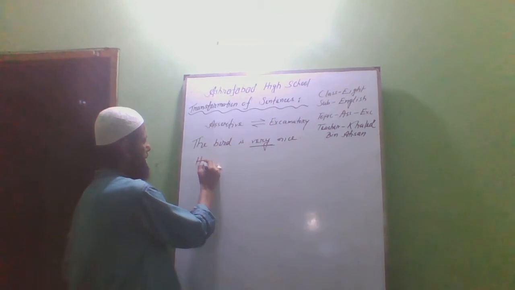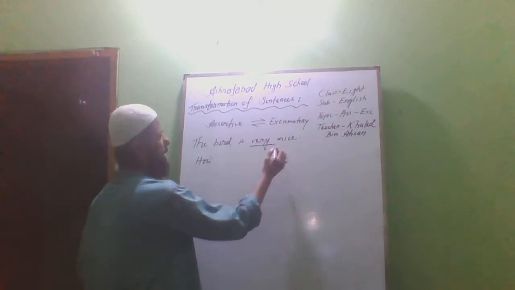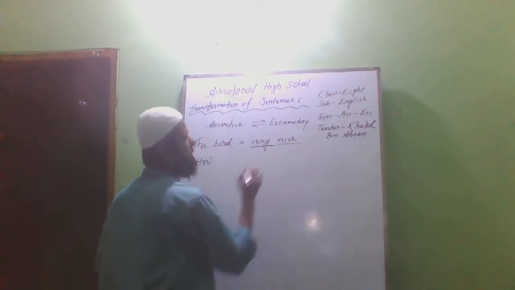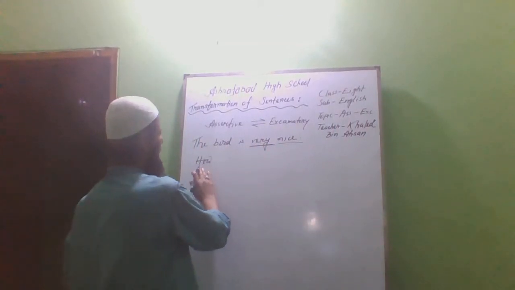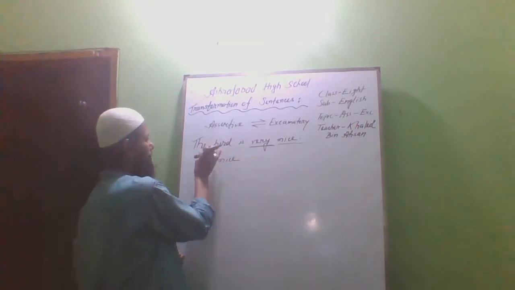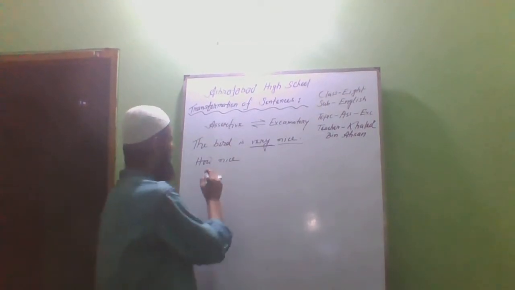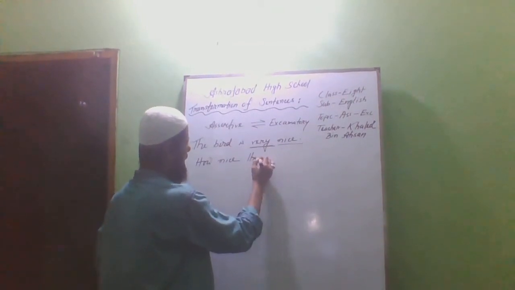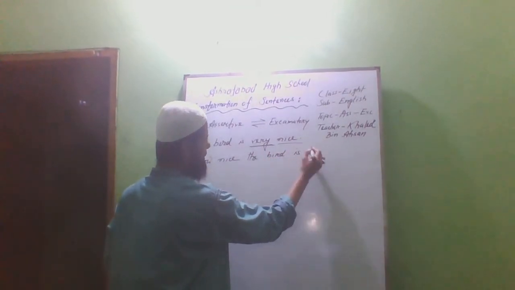At the very beginning we will write down "how". Then we will take the word after "very": how nice. Now we will use subject and verb: how nice the bird is.